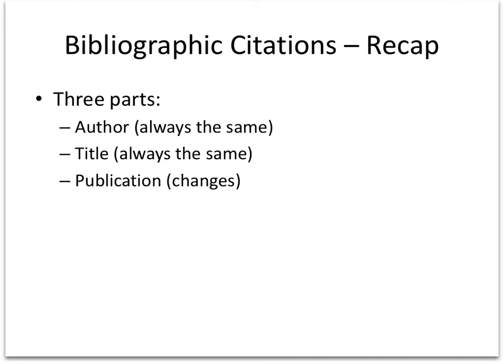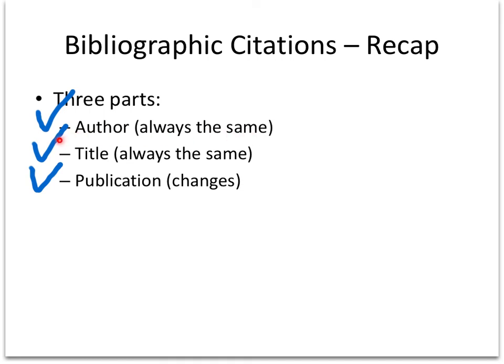And so that covers most of the common bibliographic citation types that we'll come across. So just to recap, all bibliographic citations have three parts: always an author, always a title, always publication information.